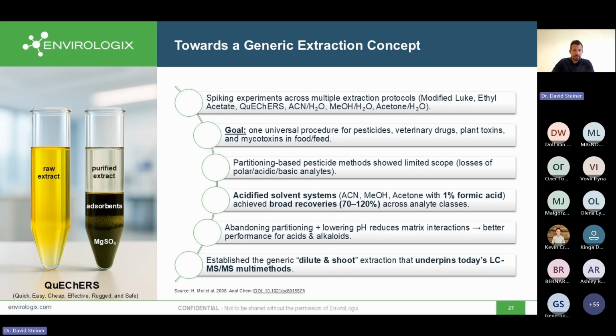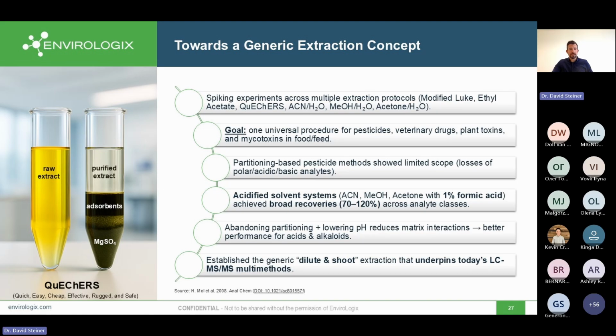QuEChERS, on the other side, which stands for quick, easy, cheap, effective, rugged, and safe, was developed by Anastassiades many years ago. It is another extraction method which combines the previously mentioned partitioning step, where you have at the end your purified extract, your adsorbents, and your QuEChERS salts in this layer.